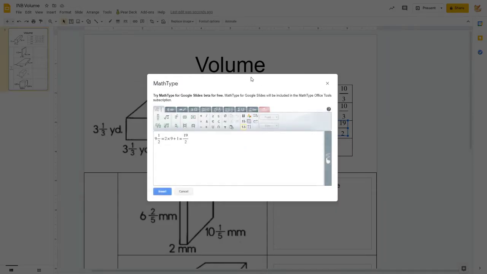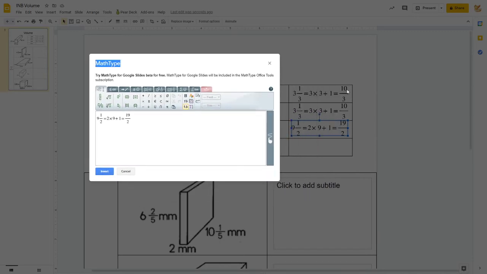Okay, so here what we're doing is now we're going to multiply these 3 fractions to find my volume. So we have 10 thirds times 10 thirds times 19 halves.